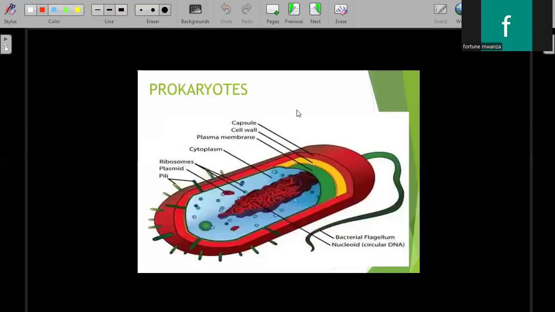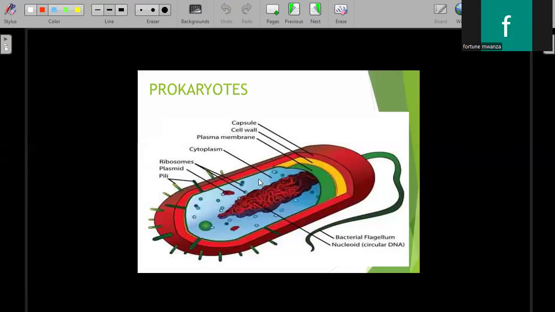This is a general structure of a prokaryotic cell. A good example is a bacteria cell, like we've mentioned. It has the outer layer, which is called the capsule. That's the first layer you are going to see. Enclosed by the capsule is the cell. So you have a capsule on top, then the cell is the second one. Then you have your cell membrane and your cytoplasm.